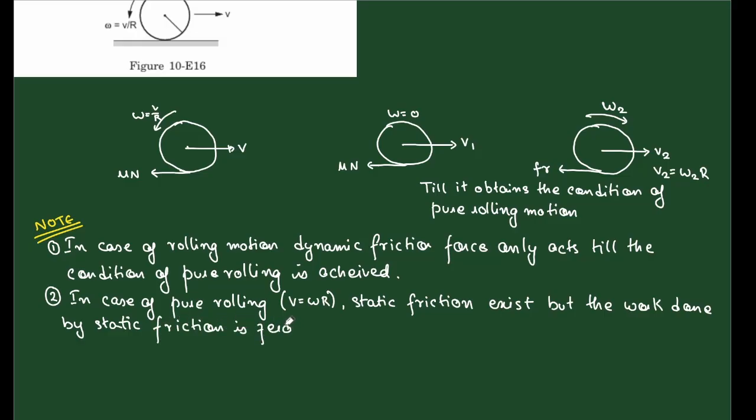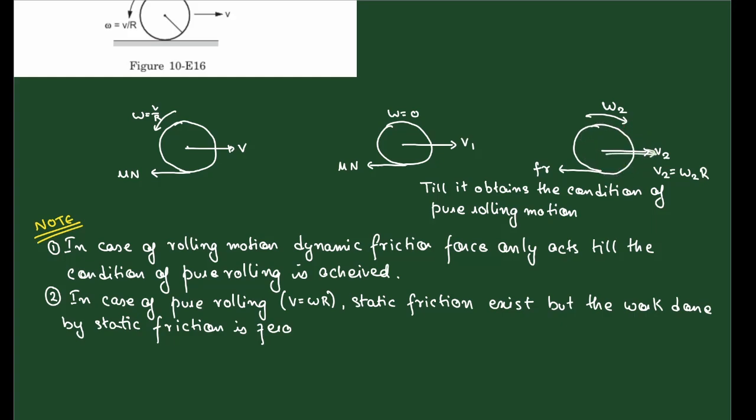Since no force is doing any work here, if I leave it as it is, this motion after achieving the condition of pure rolling motion would continue forever. That means this body would roll indefinitely.